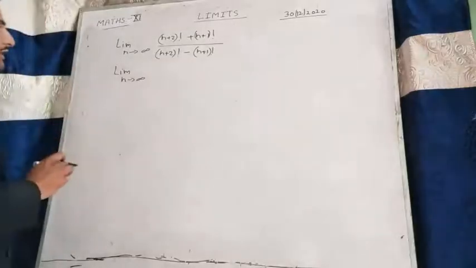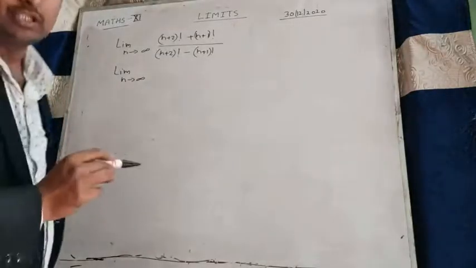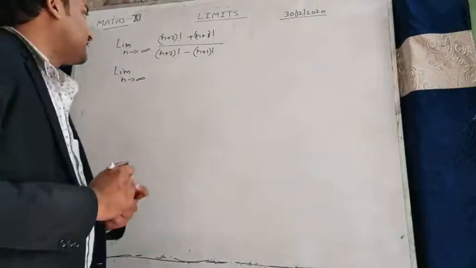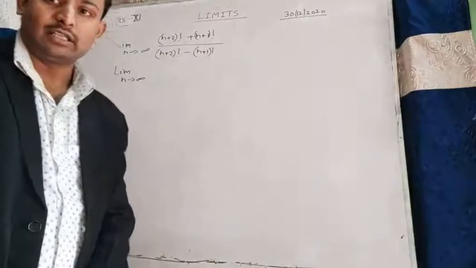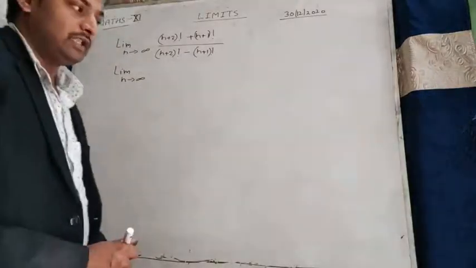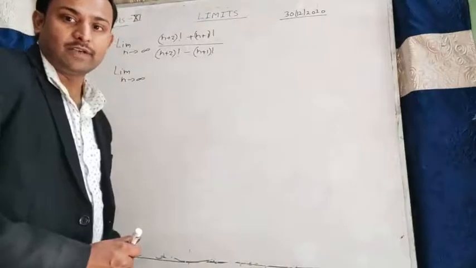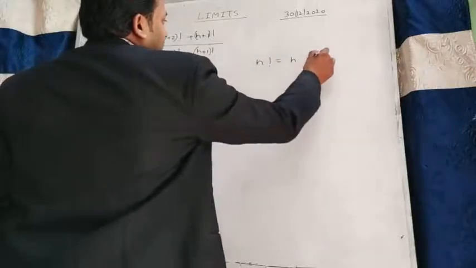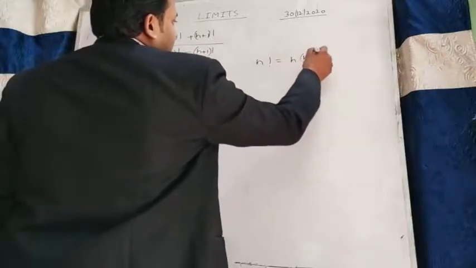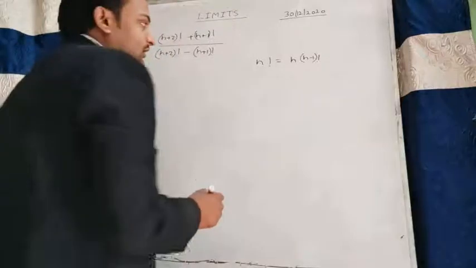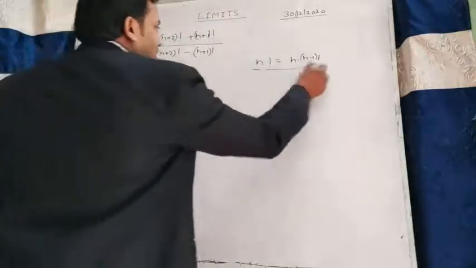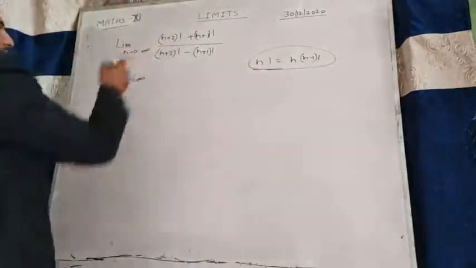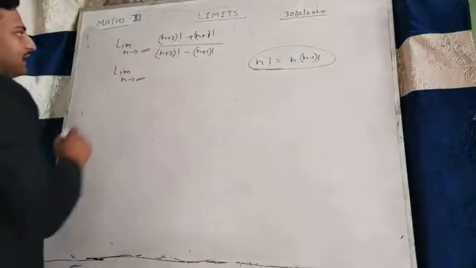So students, we are seeing that every term written in the numerator and denominator is under a factorial. So we will use the concept of factorial, and you know our factorial n can be written as n times factorial n minus 1. By the use of this concept, here we have n plus 2.